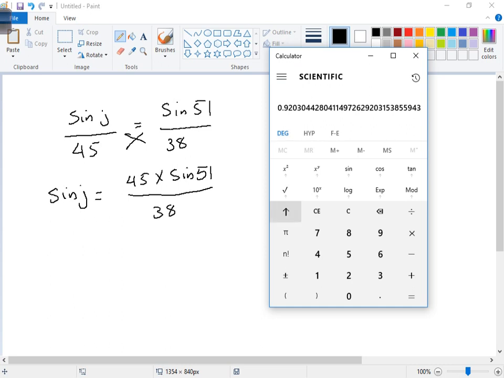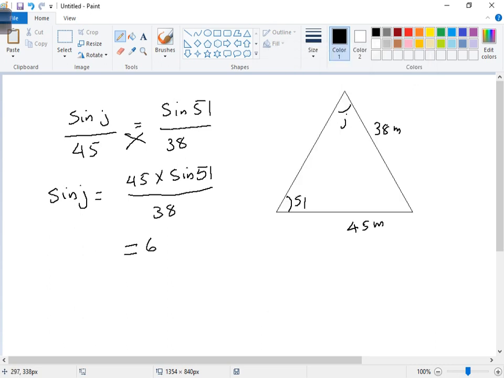How do we get the angle? We work out sine minus 1 of this, and the angle is 66.97 degrees. That is how it works. This is it so far for the sine rule.